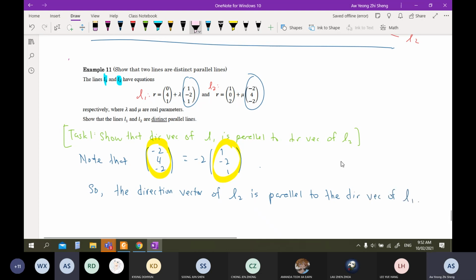Yeah, I'm using some short forms here. I'm using DIRVEC as direction vector. In the exam, you better write the full word. Hence, L1 and L2 are either distinct parallel lines or coincident lines.